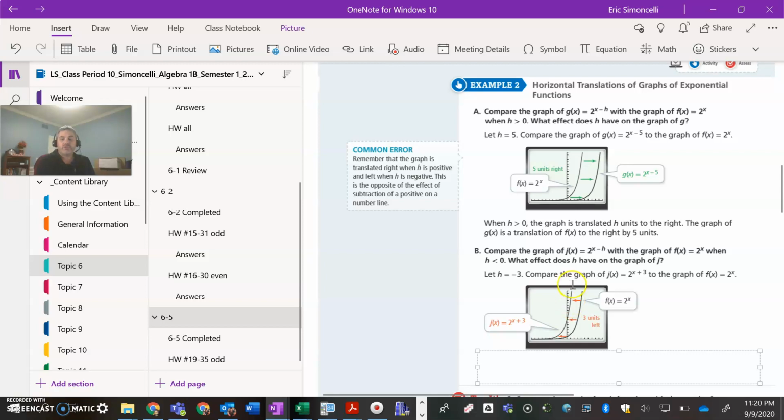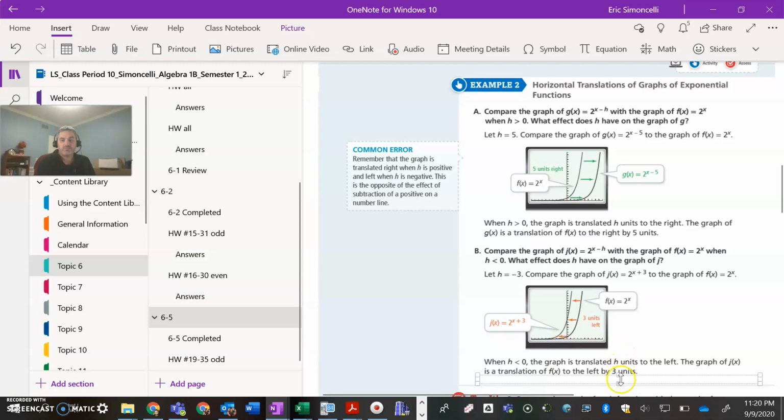So this right here, let's call it the red function. That's a function, as you see, with the exponent as x plus 3: 3 left, 3 left, 3 left. So every point on this original 2 to the x parent function shifts 3 units to the left to get this new function graph.